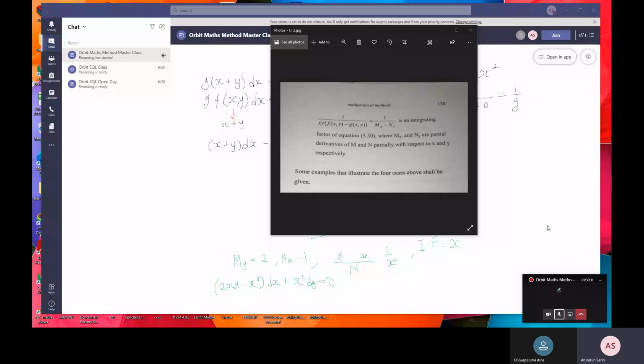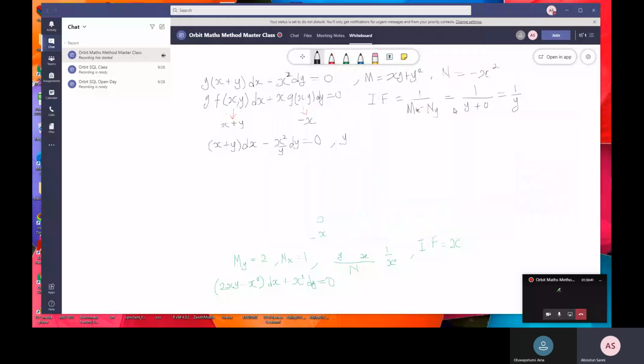All right, so let's use my minus nx instead. That would be good. If I'm using that, I'm going to have if. So using if is equals to 1 over my minus nx.